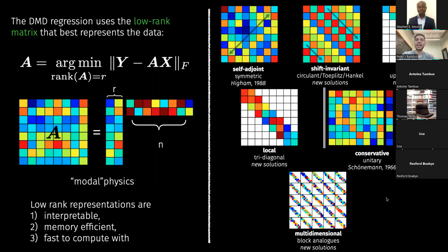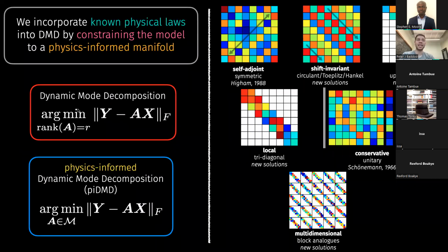And in this physics-informed version of DMD, we exchange this low-rank constraint on our model, that is, the constraint that the rank of A has to be equal to r, for this constraint that A lies in M. And this M is just a class of matrices.